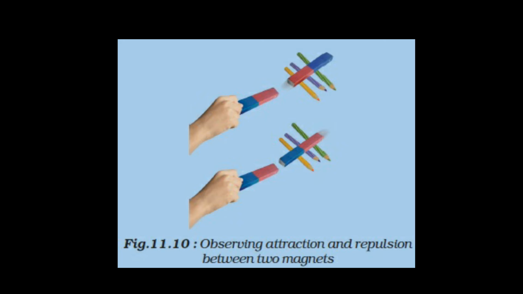So this shows the like poles of magnets exert a magnetic force of repulsion. And then we bring the south pole of the handheld magnet to the north pole of the other magnet, and here we see the magnet which is on the rollers moves towards the magnet. It shows the unlike poles of magnets exert a magnetic force of attraction.